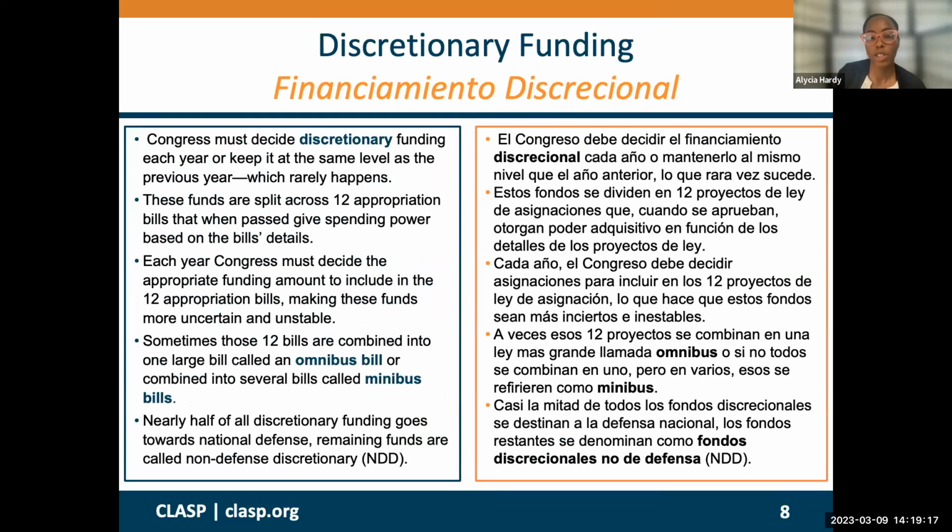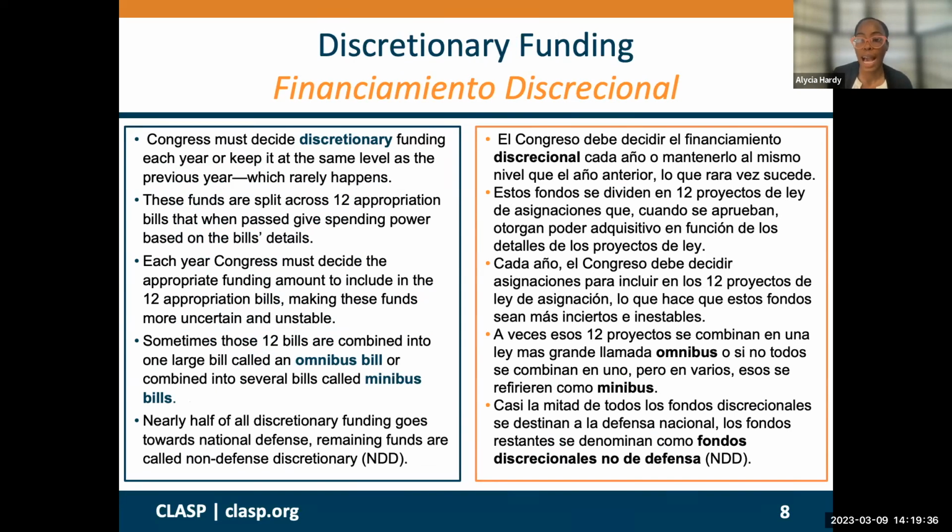So looking at discretionary funding, Congress must decide discretionary funding each year for the upcoming fiscal year, or keep spending at the same level, which rarely happens. These discretionary funds are split across 12 appropriations bills.